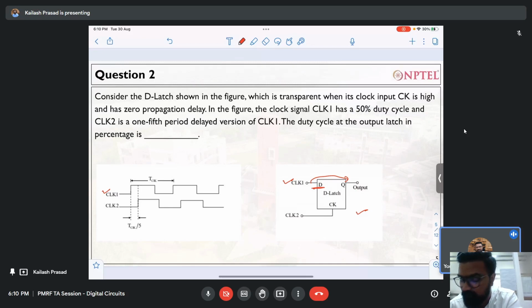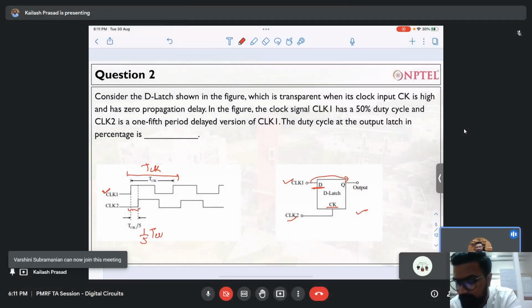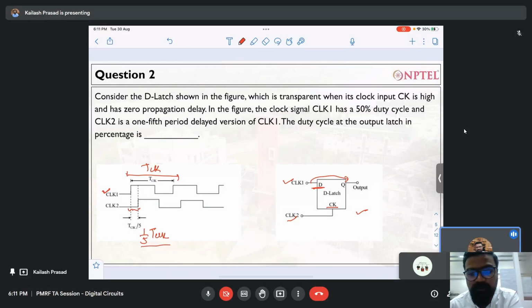Clock two, which is another signal, has been connected to the enable CK of your latch, and it is a 1/5 period delayed version of clock one. It means if this is the T clock, then the delay between clock one and clock two is 1/5 of the T clock.